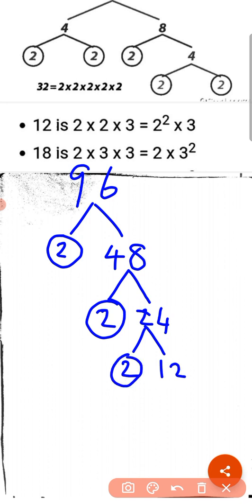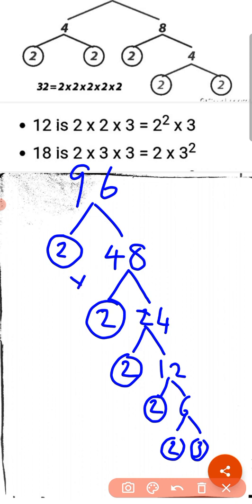2 is a prime number. Again continue here, 2, 6. 2 is a prime number. Divide 6 as 2 and 3. 2 and 3 are prime numbers. So 96 is equal to 2 into 2 into 2 into 2 into 2 into 3.